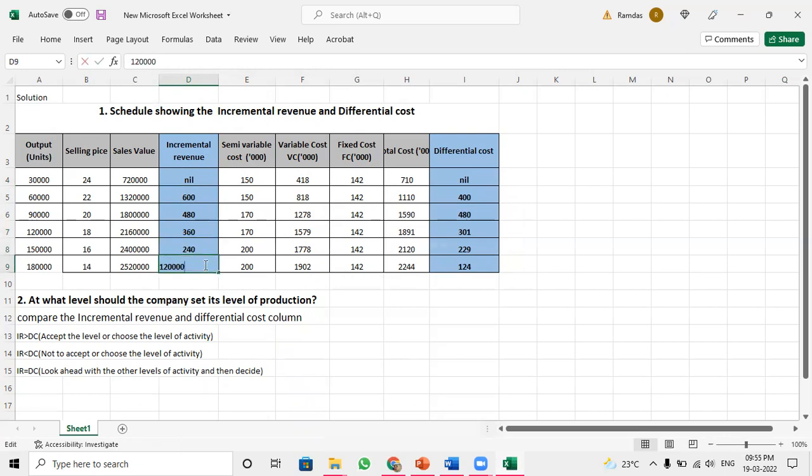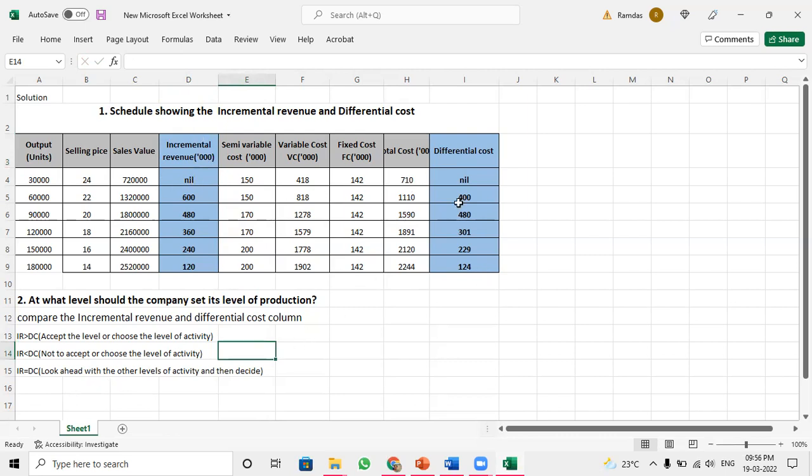It becomes easy for our calculation, so we will take it. So I am expressing incremental revenue in thousands. So we are going to compare only these two columns, the one which is marked in blue color.